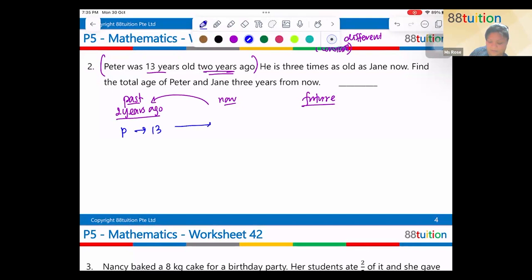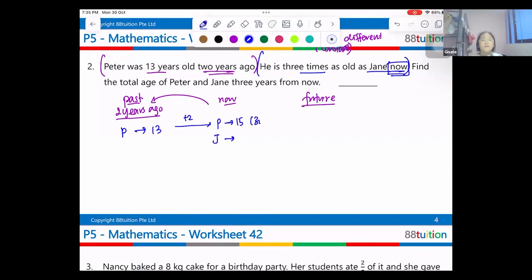So I'm going this way, I must plus 2. Peter now is 15 years old. He is 3 times as old as Jane now. So now, how old is Jane? Jane is 5 years old.